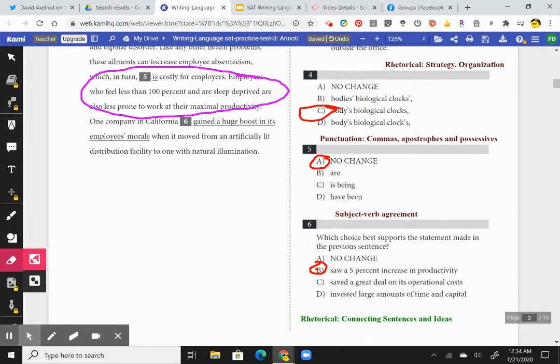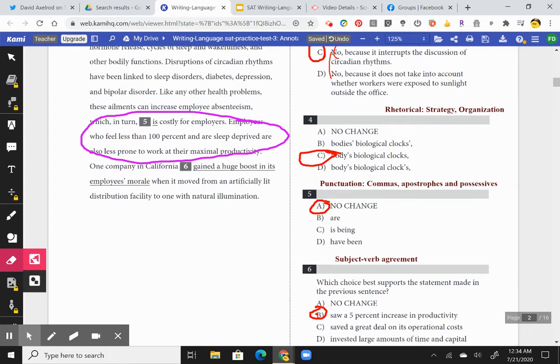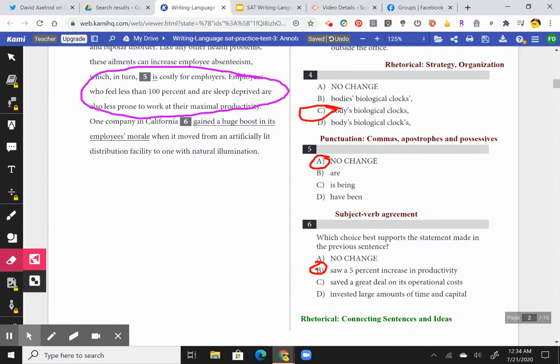Number 6. Which choice best supports the statement made in the previous sentence, talking about employee absenteeism being costly? No change. So this is the previous sentence here. That's why I circled it in purple. Employees who feel less than 100% and are sleep deprived are less prone to work at their maximum productivity. So I'm just going to read the sentences around it. Number 6 is asking which choice best supports the statement made in the previous sentence.